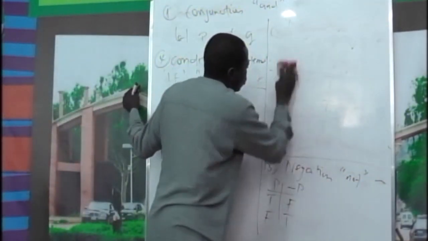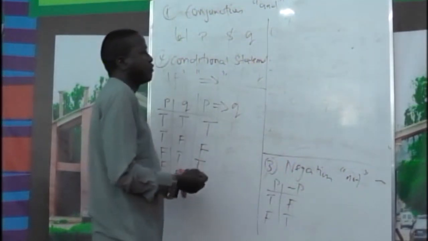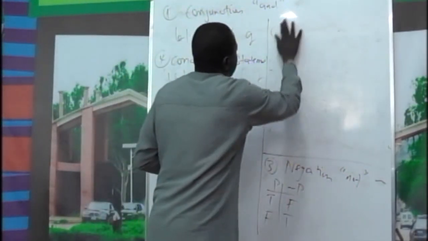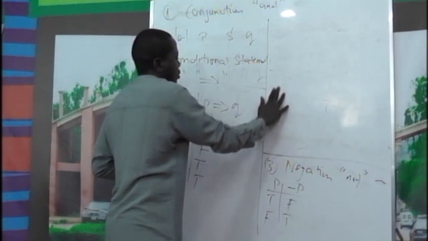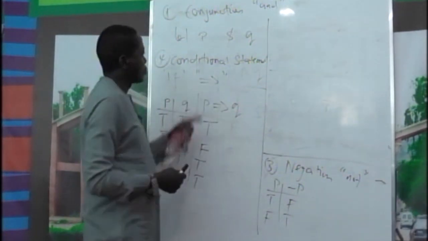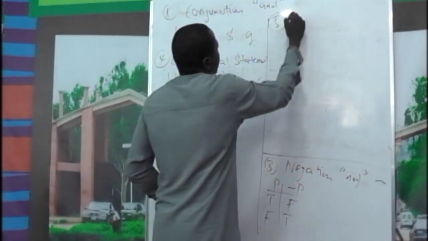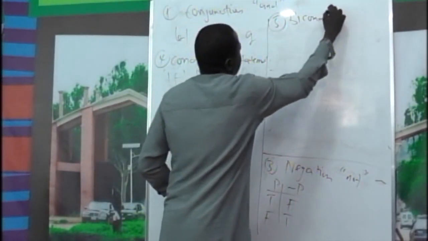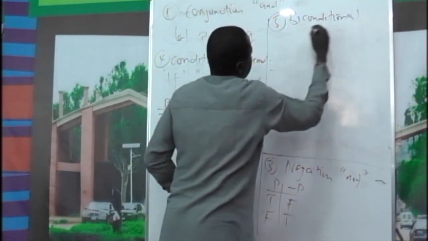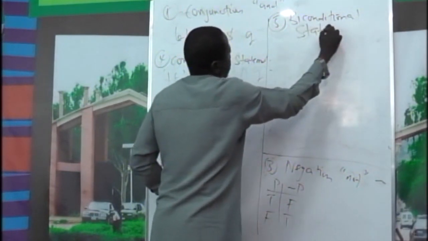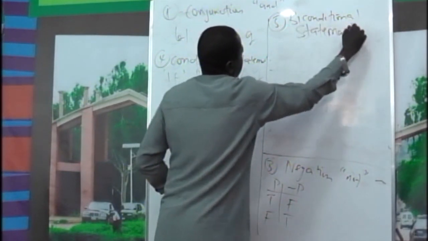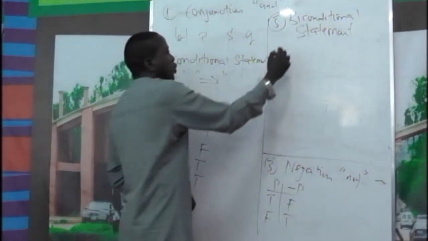The last one, but not the least, biconditional statement. We have done with conjunction, we have done with disjunction, negation, and conditional statement. So the last one is biconditional statement. So now I told you this one is what?